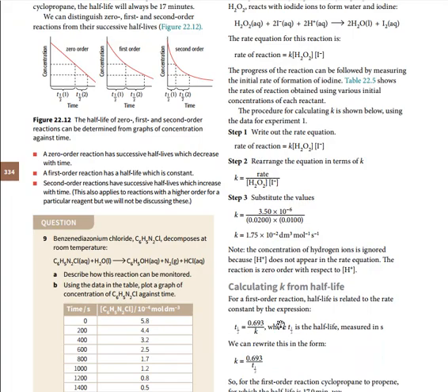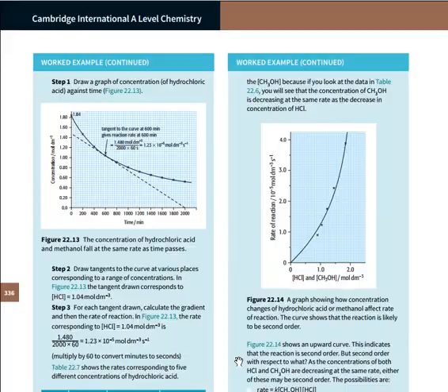This is only used in first order reactions. In cases of zeroth and second order, we don't use this formula, because only in first order is the half-life going to be constant. So you see, t half is going to be ln 2, that is 0.693, divided by k.